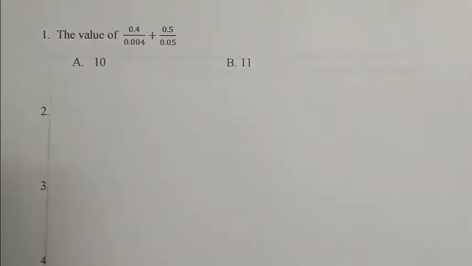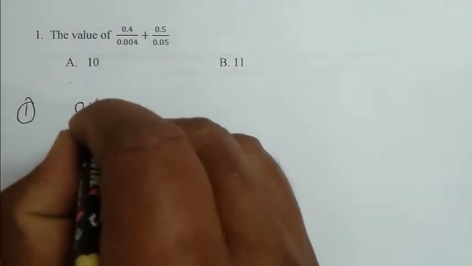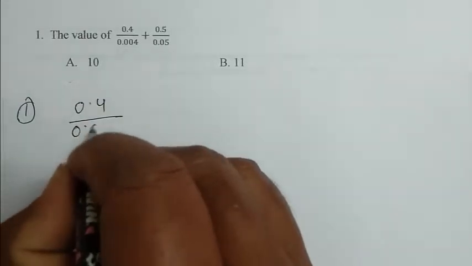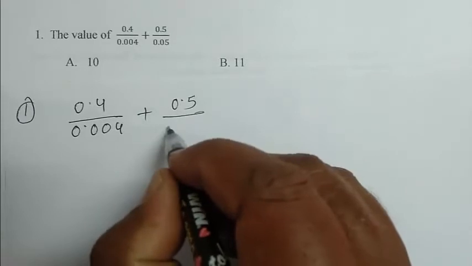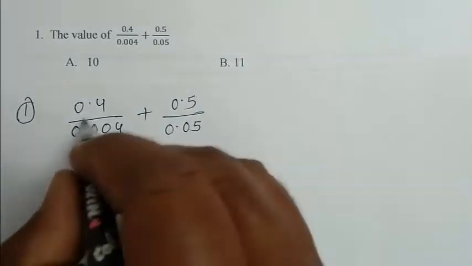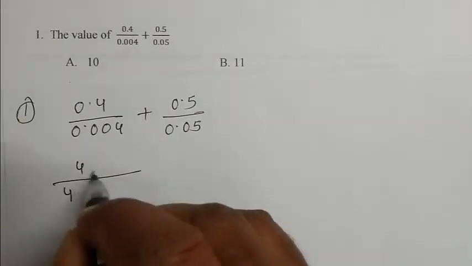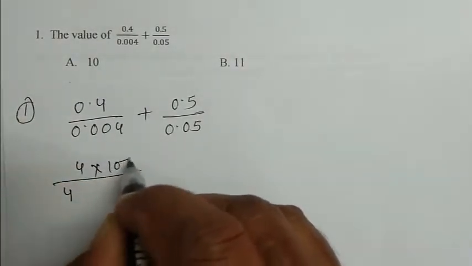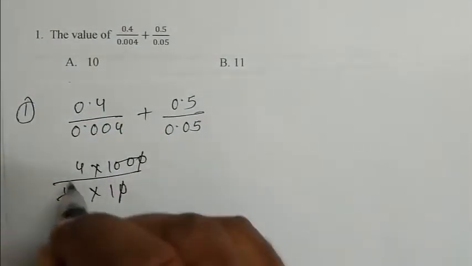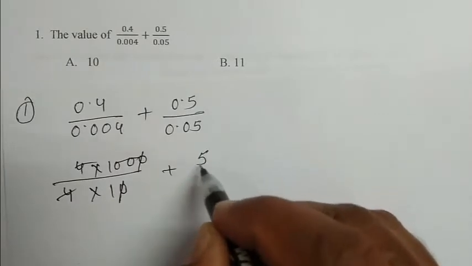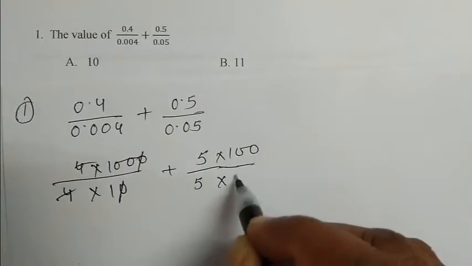So 0.4 by 0.004 becomes 100, and 0.5 by 0.05 becomes 10.